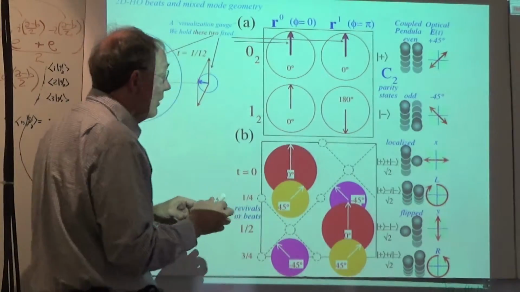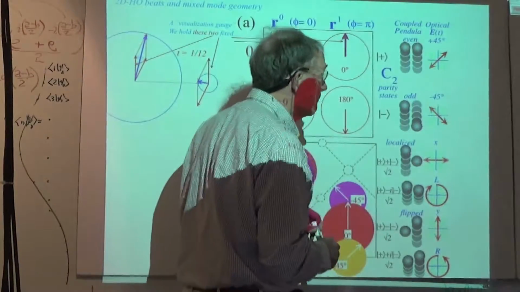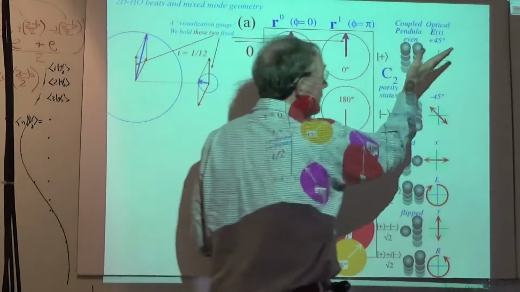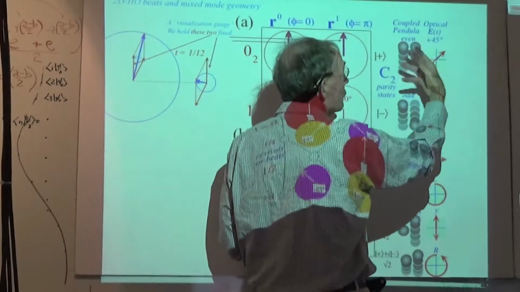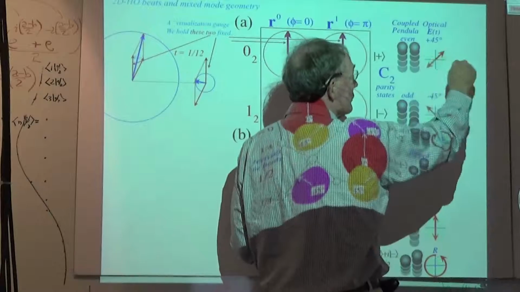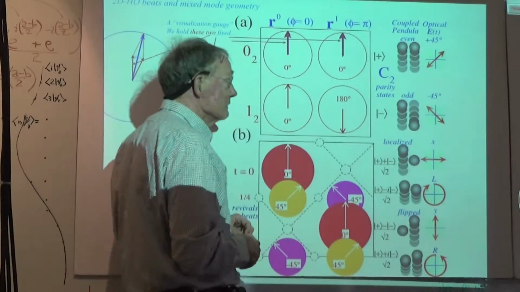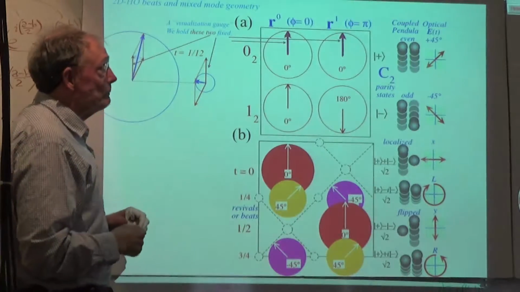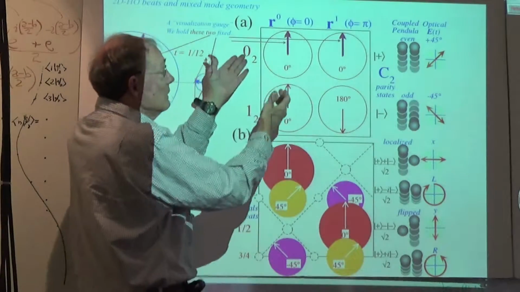Okay, so this could be two coupled pendulums, or it could be an optical electric field in a dichroic medium that has a faster index of refraction this way than that way, or vice versa. So what we've done here is say I've got two oscillators.